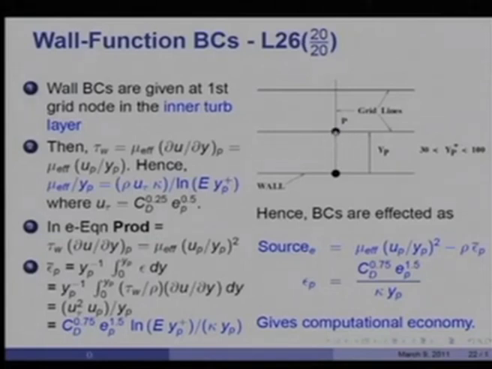Now, of course, we do not know the exact boundary conditions for E and epsilon at P, but they can be derived. So, for example, if we take tau wall equal to mu effective du by dy at p equal to mu effective u p by y p, and hence mu effective u p by y p becomes simply rho u tau kappa ln E y plus p, where u tau is equal to C d raised to 0.25 E p raised to half.